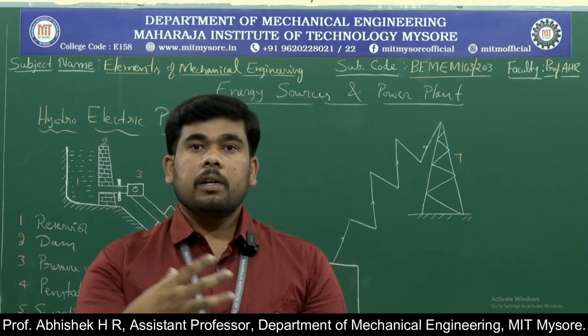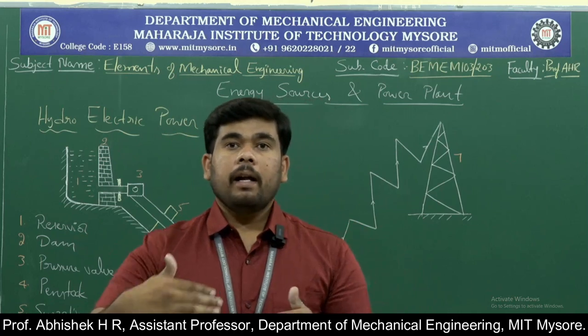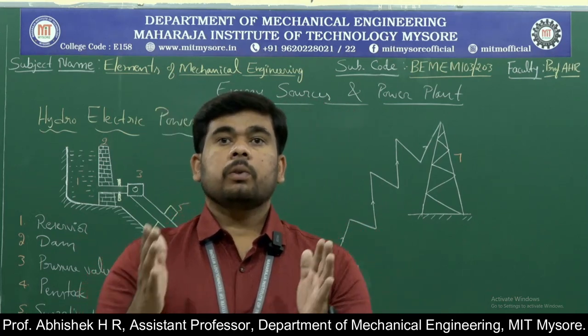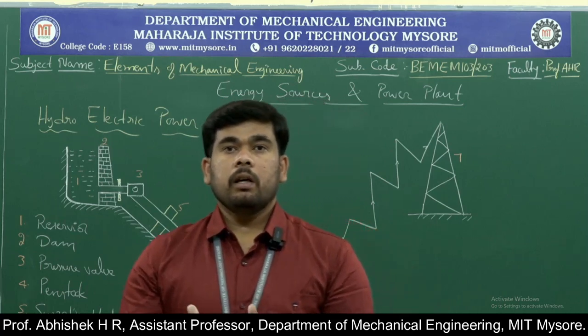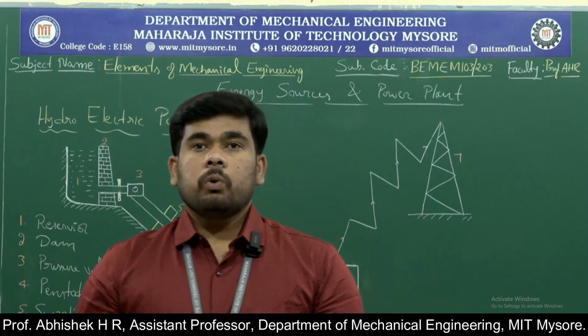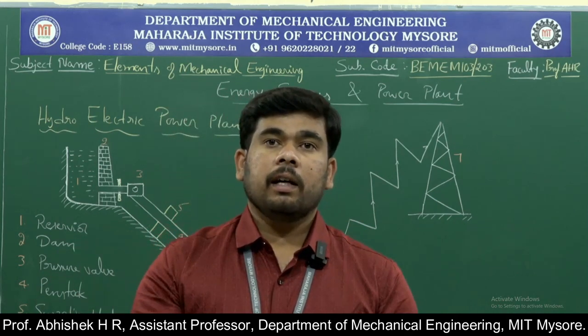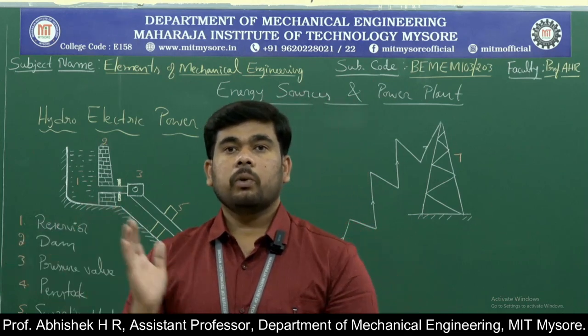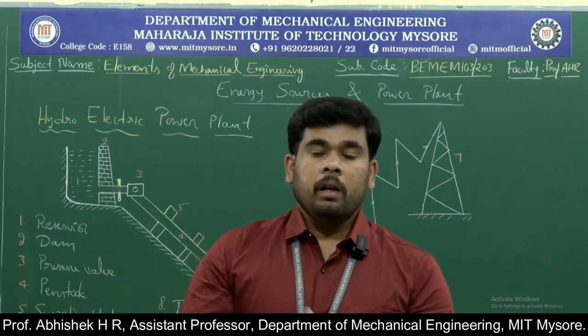If we construct a proper dam, the backwater of this dam will be called a reservoir, so there we can store the water, and using that stored water we can generate electricity. So this concept we call a hydroelectric power plant.